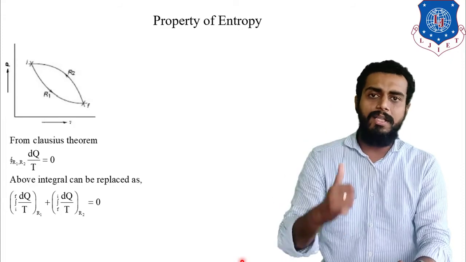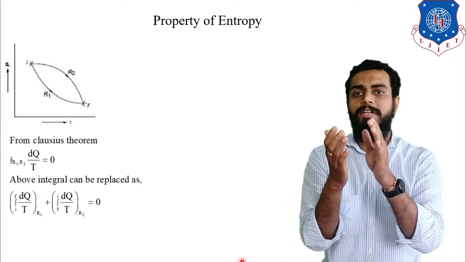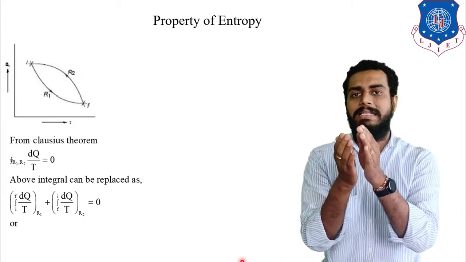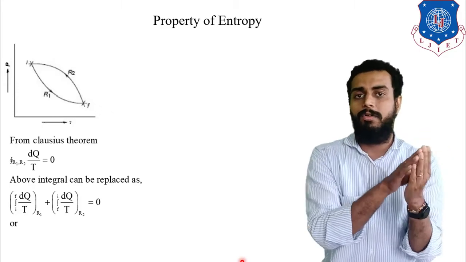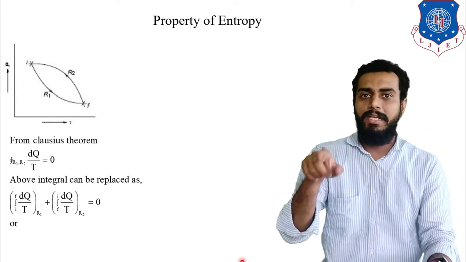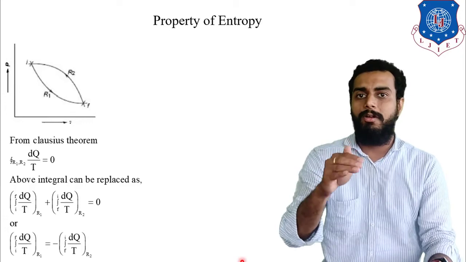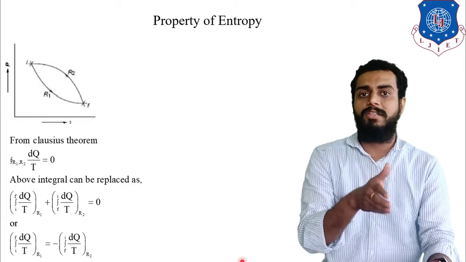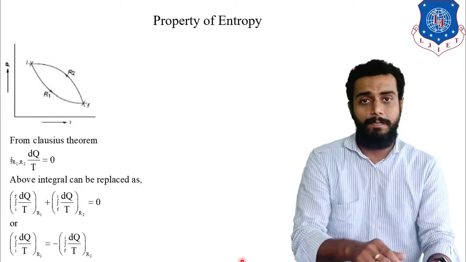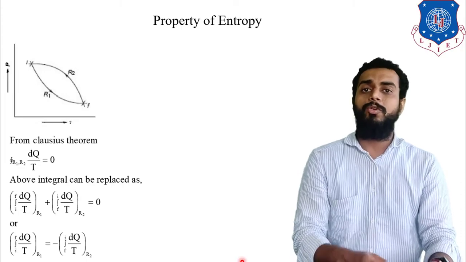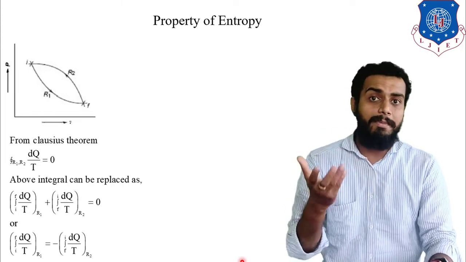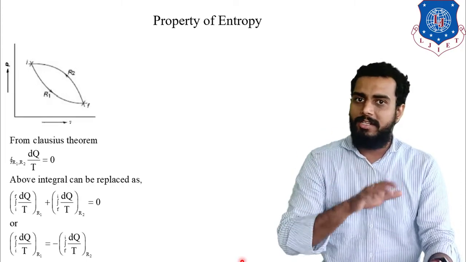Now further, if I take the R2 term to the right hand side of the equal sign, what I can write is: integration I to F of dq by T for the R1 path will be equivalent to minus integration F to I of dq by T for the R2 path. Now R2 is a reversible path. Reversible means you can reverse the direction of that path.